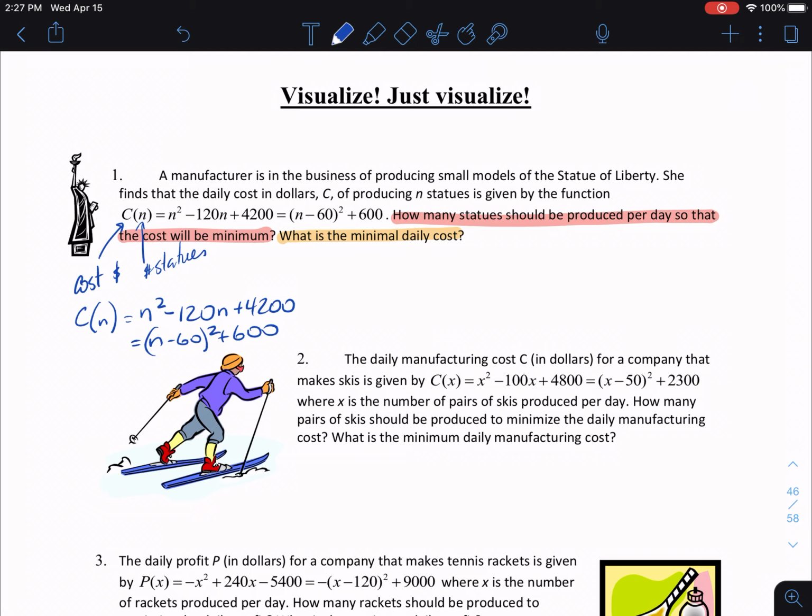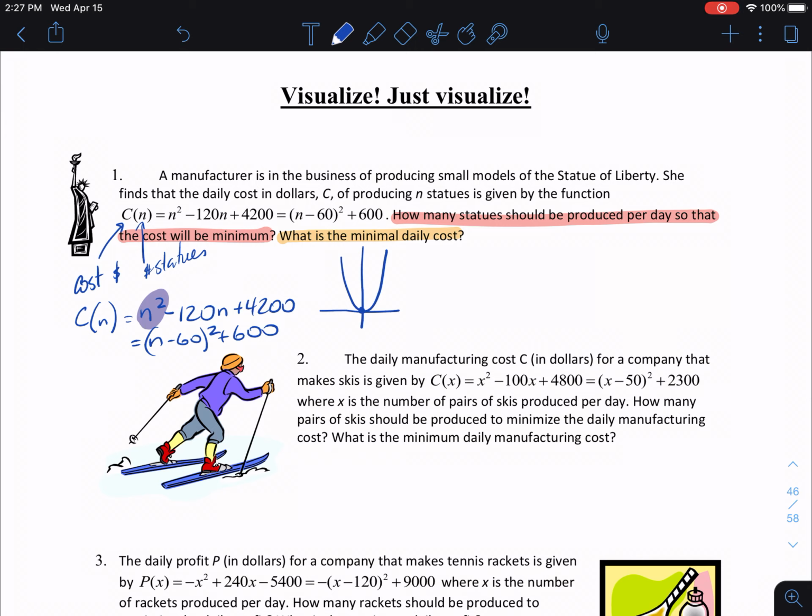So first of all, do we know the shape of this function? Remember, we're looking at the family of functions, and we have an n squared. So the shape is we're going to start with a base shape of n squared, or x squared. Okay.